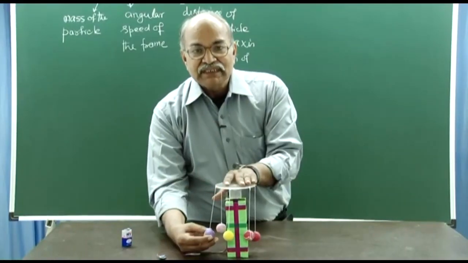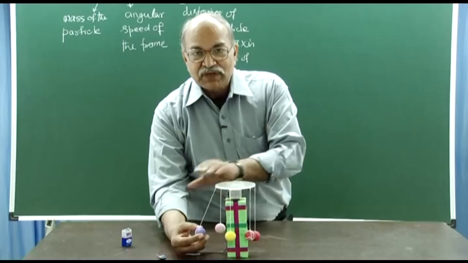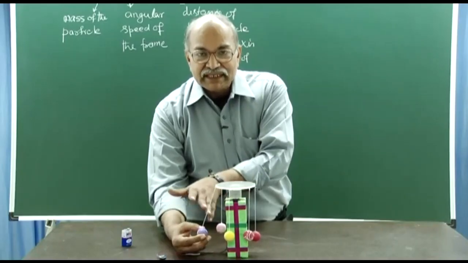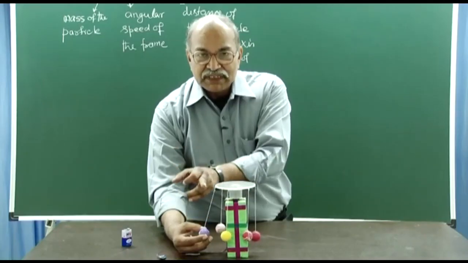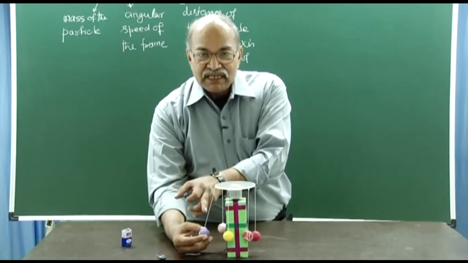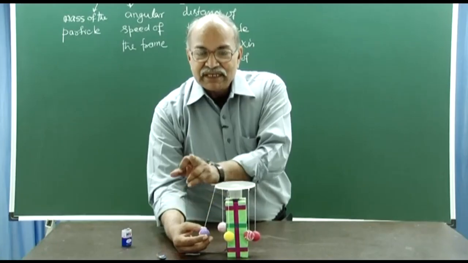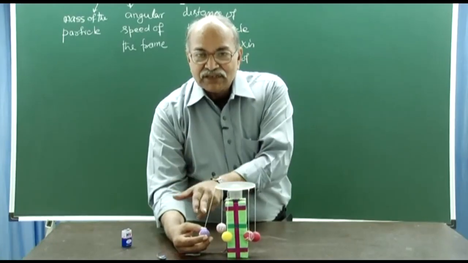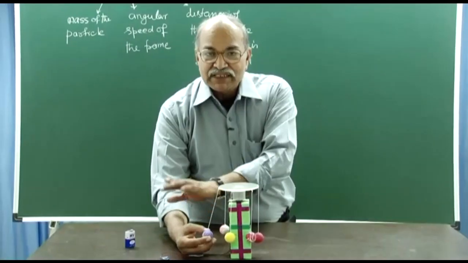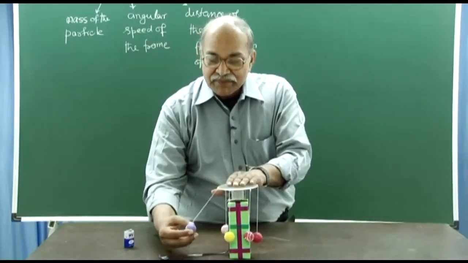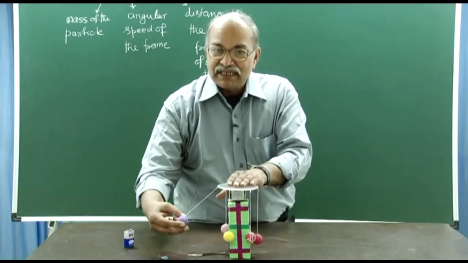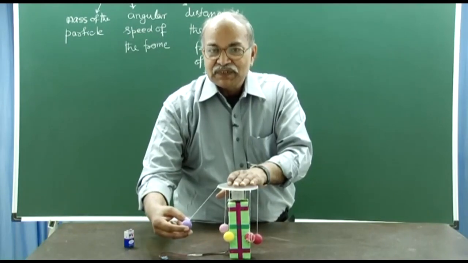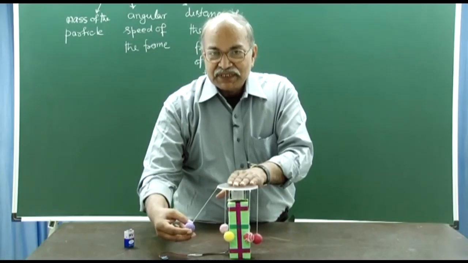Remember, to start with, the angle is small, and therefore, because of that cos theta, sin theta effect, this horizontal component of the tension will be small and vertical component will be large, and the magnitude of T can be such that vertical component is more than mg and the horizontal component is less than m omega square r. So, it goes away and also it goes up. So, it makes some angle with the vertical and then keeps that position with respect to the disc as the disc rotates.